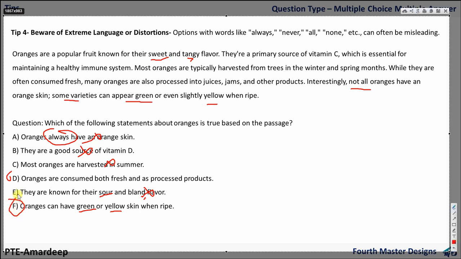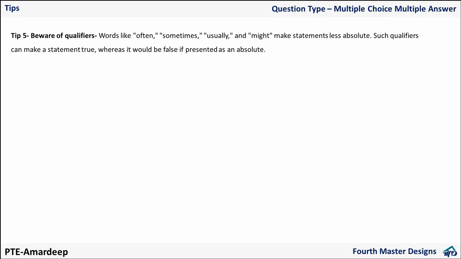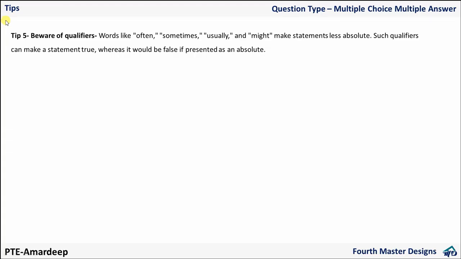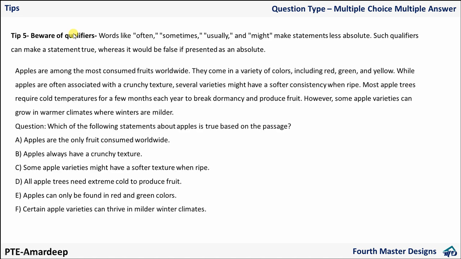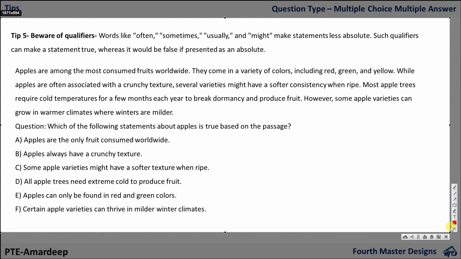D and F. Okay, that's why they are correct. So always keep these in mind. Always, never, almost. In the same way, keep these qualifiers also in your mind. Like often, sometimes. Okay. Now let's discuss this also with the help of this example.